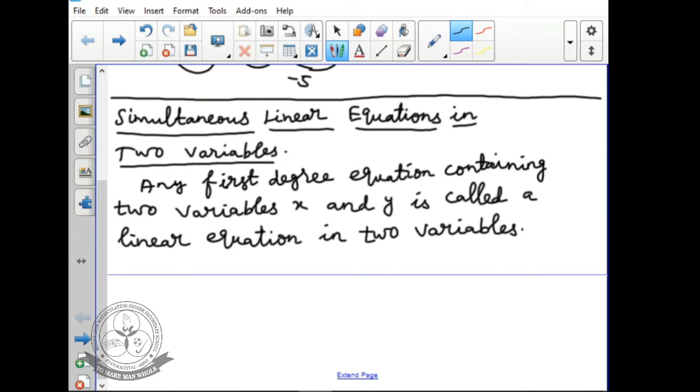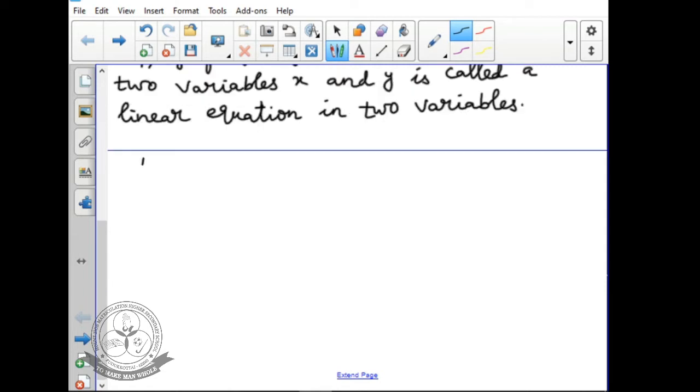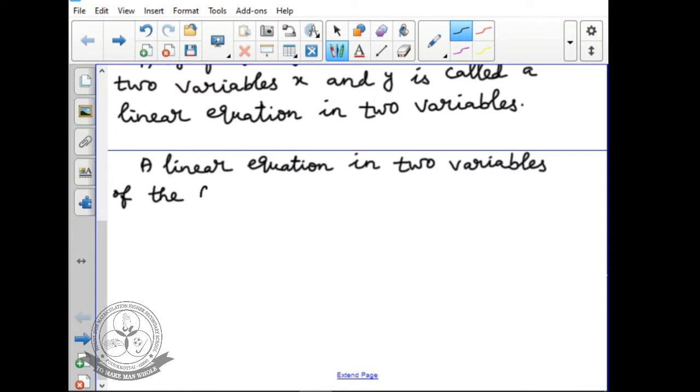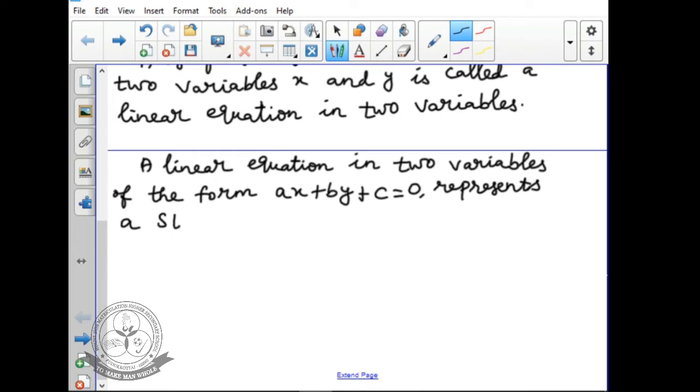A linear equation in two variables of the form ax plus by plus c equal to 0 represents a straight line.